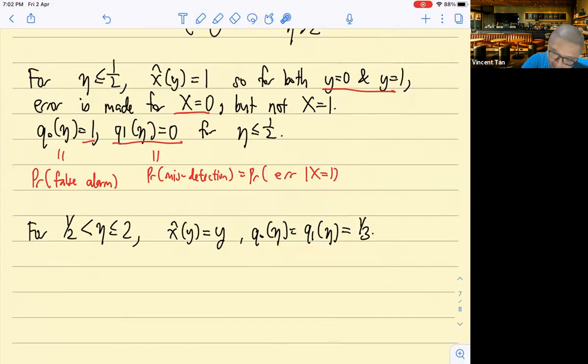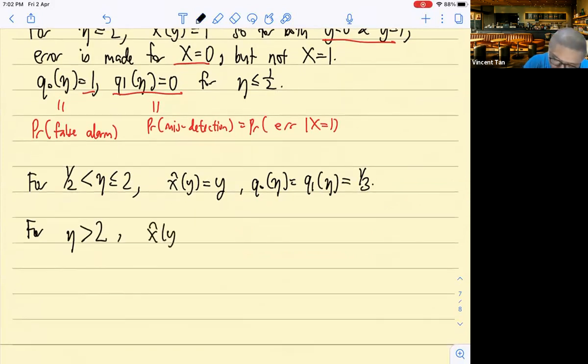Now, finally, for eta strictly greater than 2, we know that x hat of y, for every y, 0 or 1, is always declared 0. So we don't even look at the observation. We say that x hat is definitely equal to 0.